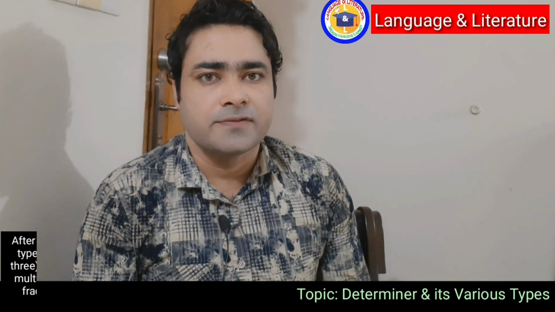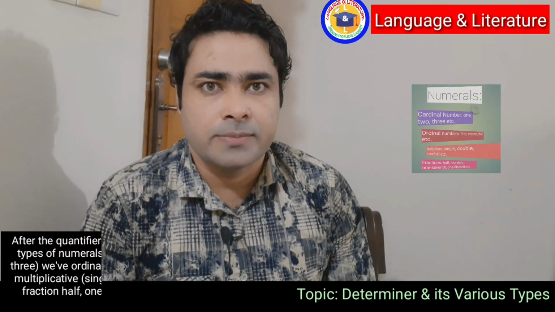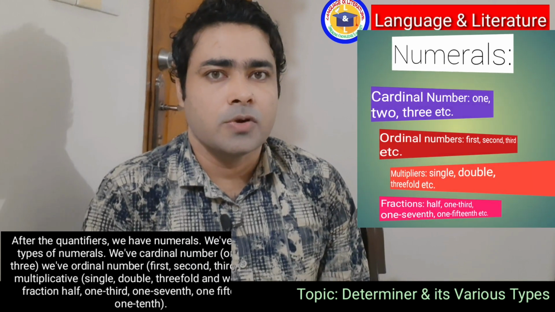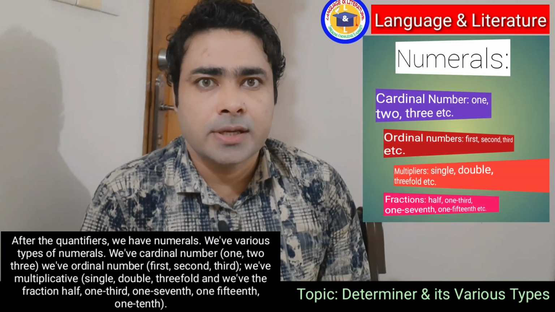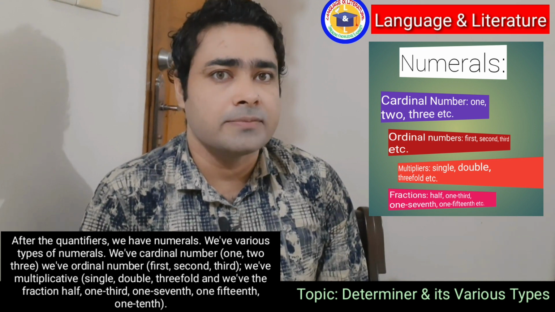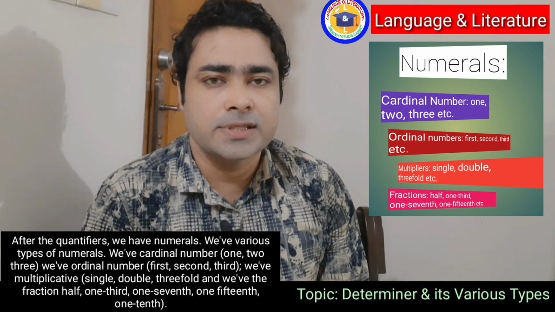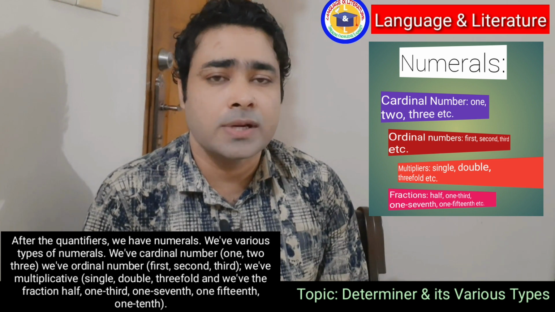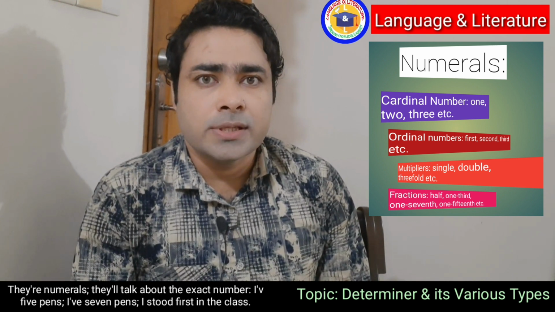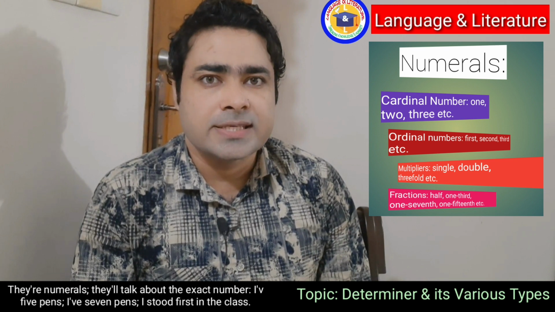After the quantifiers, we have the numerals. We have various types of numerals. We have cardinal numbers: 1, 2, 3. We have ordinal numbers: first, second, third. We have multiplicatives: single, double, threefold, fourfold. We have the fractions 1/3, 1/7, 1/15, 1/10. So they are numerals. They will talk about the exact number.